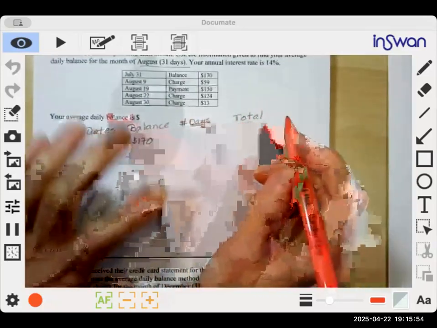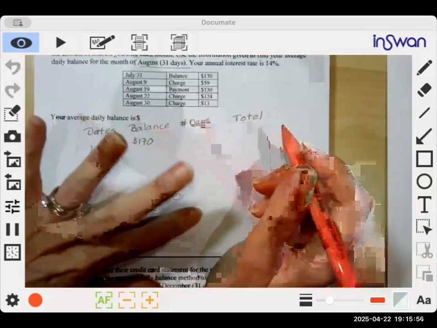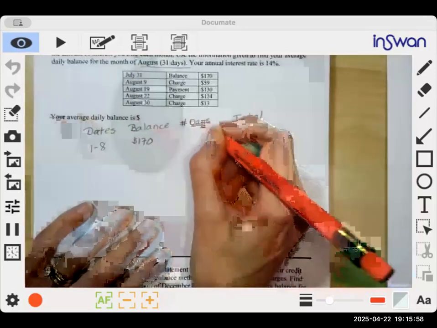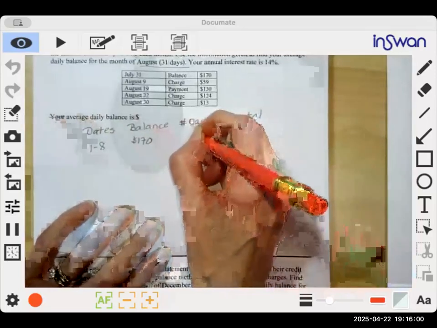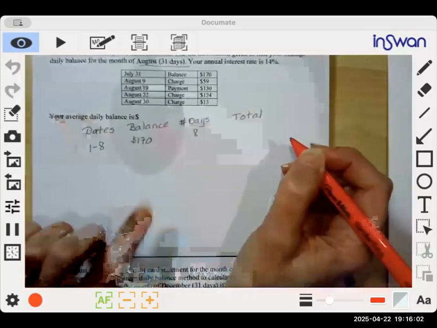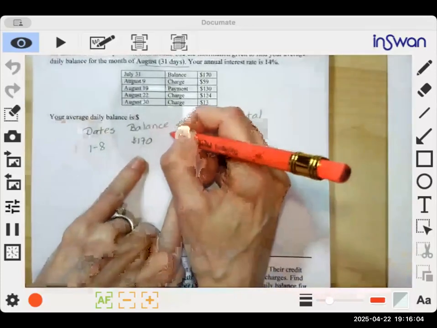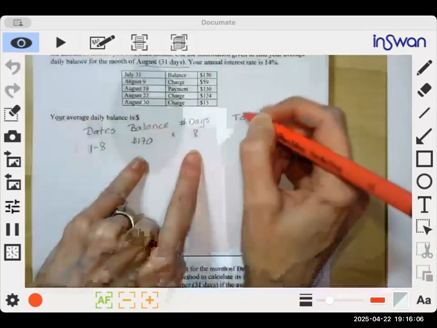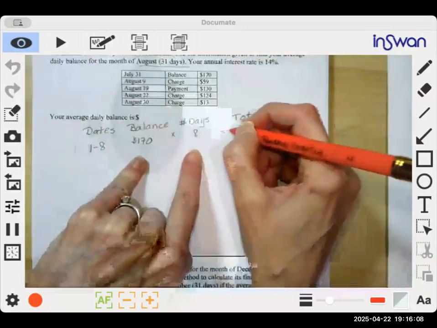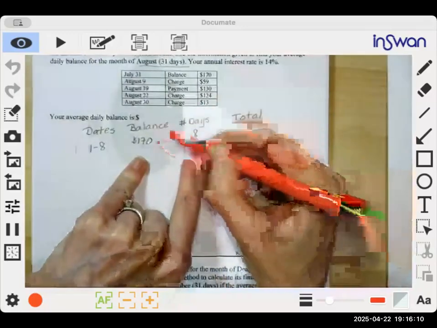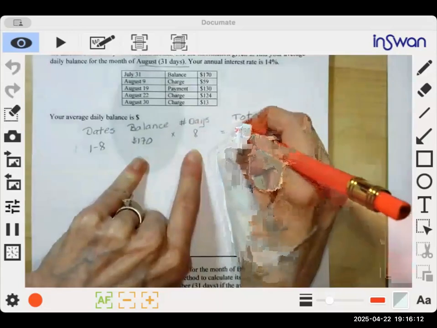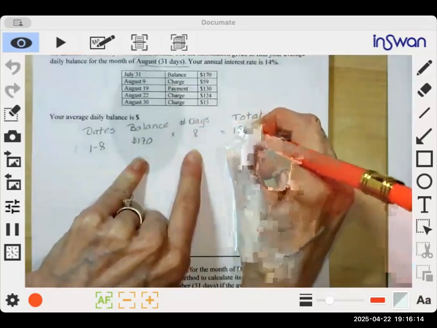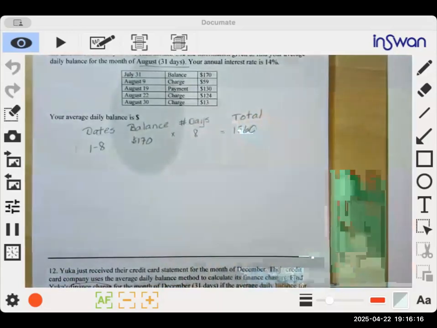So the 1st through the 8th, 1, 2, 3, 4, 5, 6, 7, 8. Nothing wrong with using your fingers. So now I'm just going to multiply my balance times the number of days. So 170 times 8 is 1360.